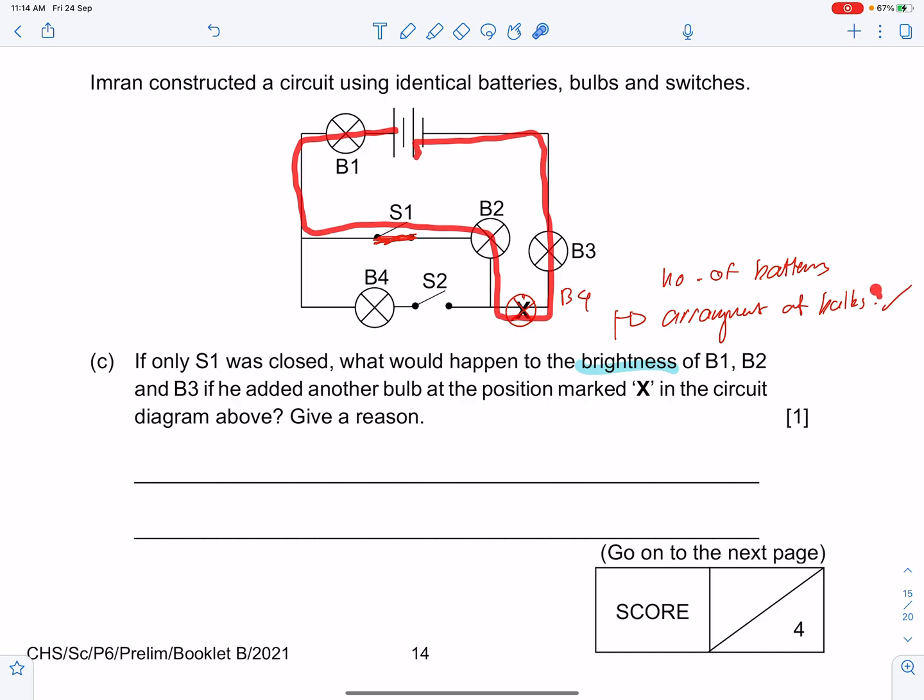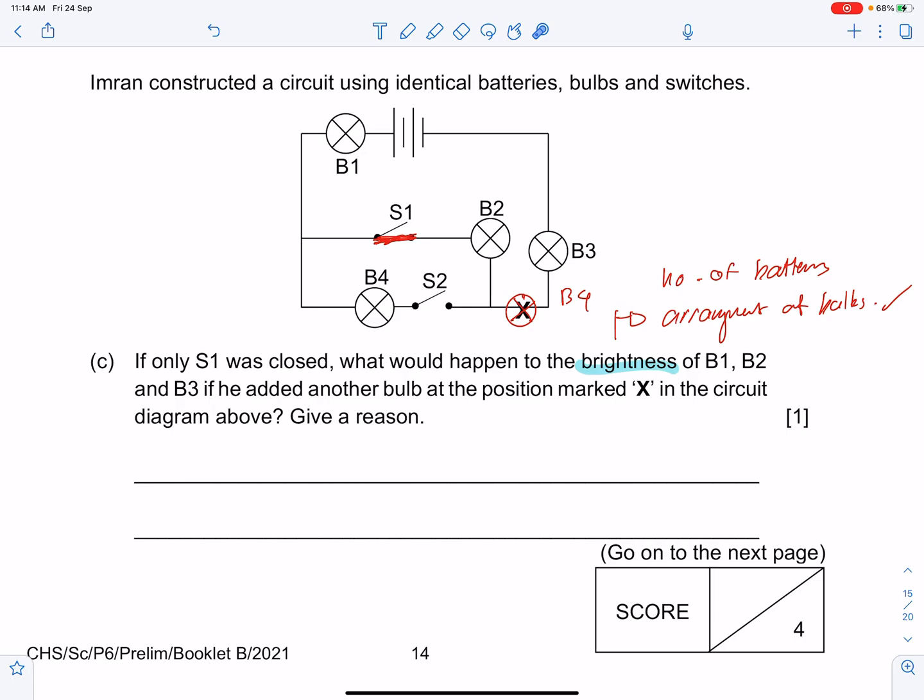And you know that in series, your bulbs become dimmer because the amount of electricity coming out from the battery is shared among the number of bulbs within the same series, one after another. So at first there were only 3. If you add 1 more, you have added in the 4th one.